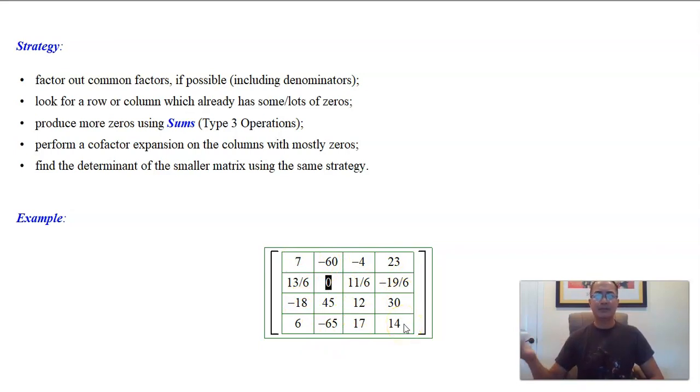But we're going to multiply it by that 0, so why bother? If the entry is 0, the minor and the cofactor do not contribute at all to the determinant. That's why we want maybe one entry which is not 0 in a row or a column. It's too much to ask for all 0.